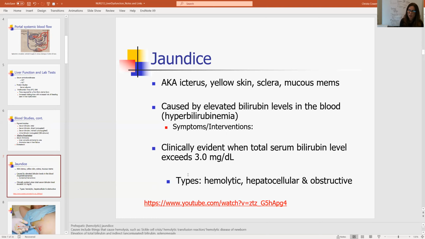If you've ever taken care of a patient with jaundice, then you know that if they sweat or they get wet, it drains onto their clothing or onto the sheets of the bed. If you rub an alcohol pad on the patient to do an IV, you'll see that the pad turns yellow after you wipe the alcohol on them. So we're real careful to do teaching if it's a new condition for them.